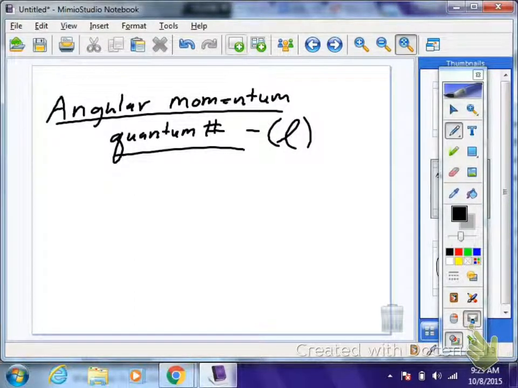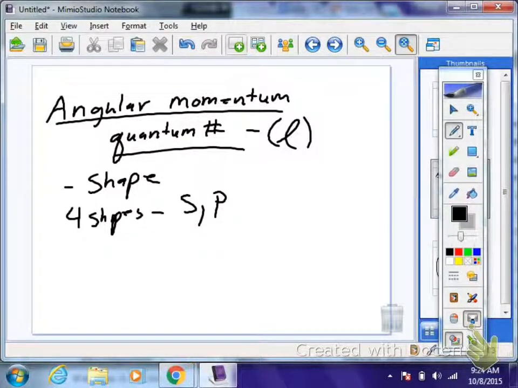All right, and I had you write down off to the side, shape. There are 4 different shapes that electrons can move within around the nucleus. Okay, and these are the shapes. 4 shapes. They're the S, P, D, and F.